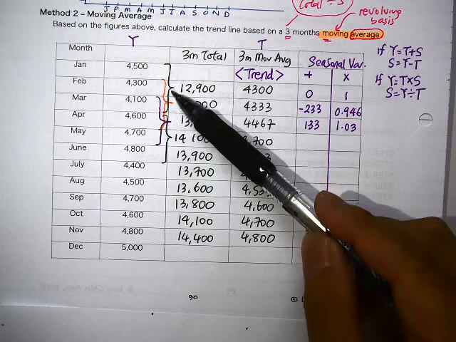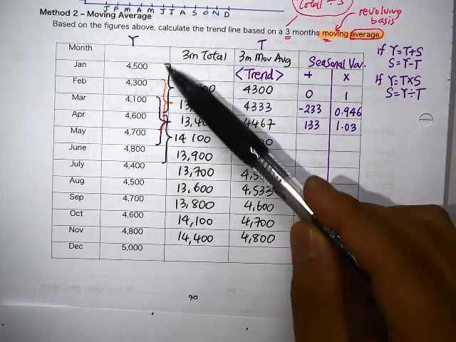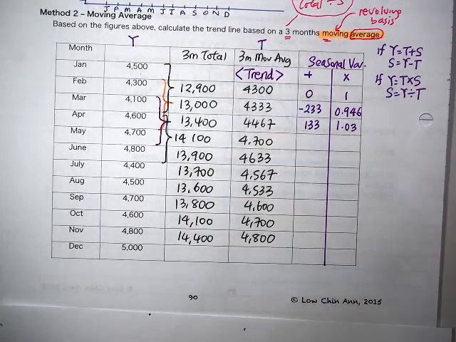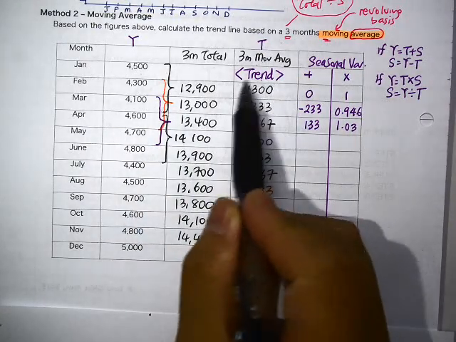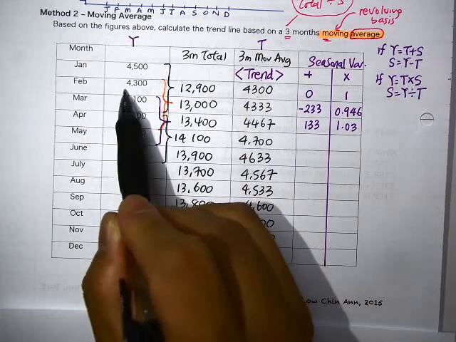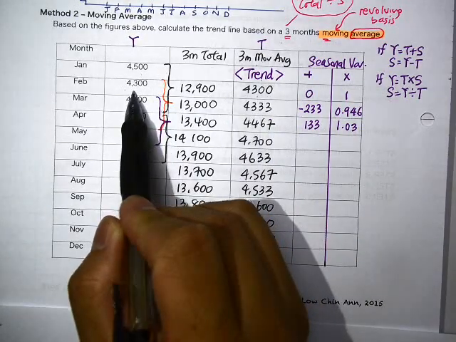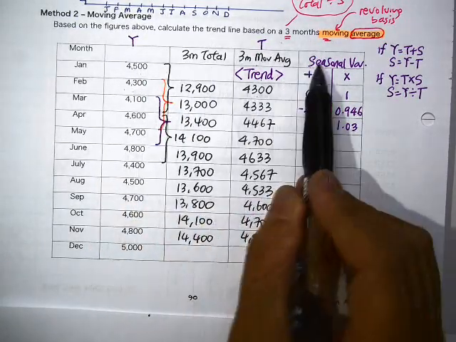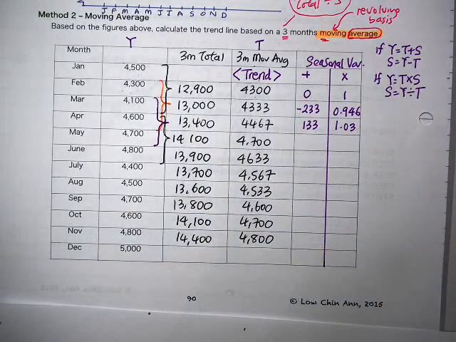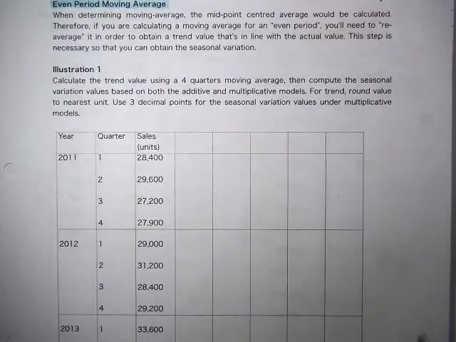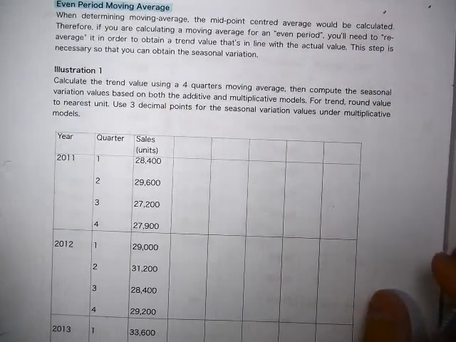Now like 3 months, there's no problem because the middle of 3 months is the second month. So the value you have for moving average is the same line with what you have with the actual. That's why it's okay for you to find seasonal variation by straight away minus or divide, because they're in the same line.